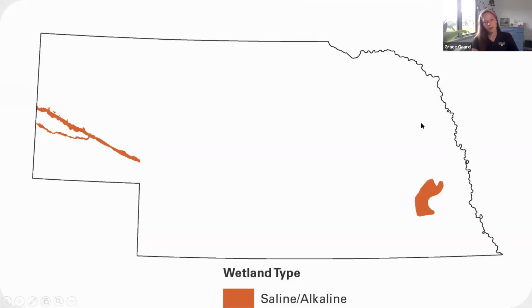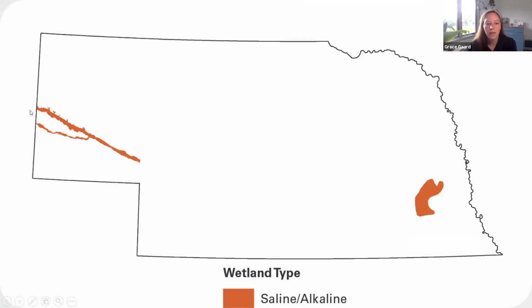So we're going to go to our last wetland type, I believe, that I'm going to talk about today, which is the saline and alkaline wetlands. This little spot over in the Lancaster County area is more of where you would find those saline wetlands, which just means they're going to be salty, and a lot of the salt might come from groundwater or from evaporation, which concentrates the salts in the water.